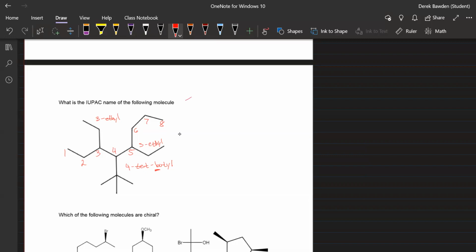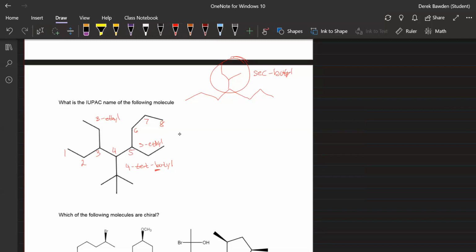Let me draw a sec-butyl for you guys. Here's a sec-butyl, like that. Both of them are spelled with dashes, so you count the B for your alphabetical order.